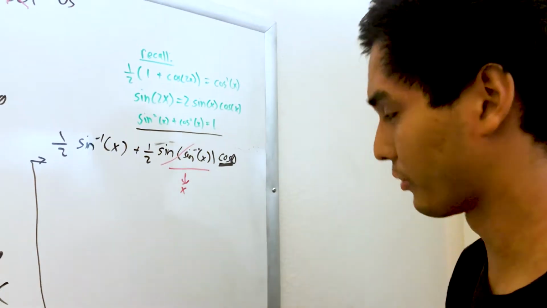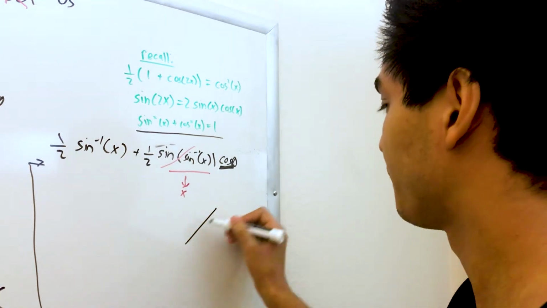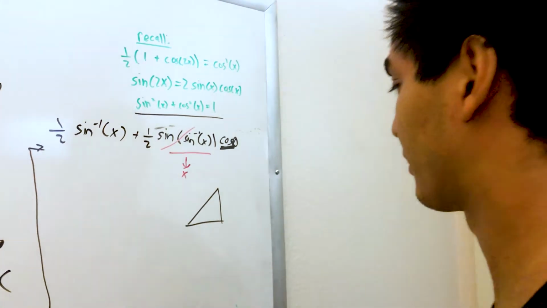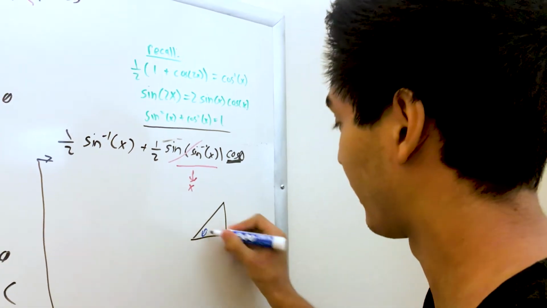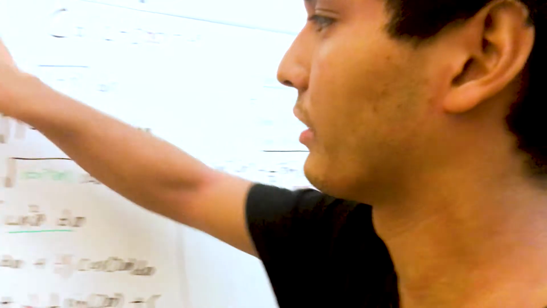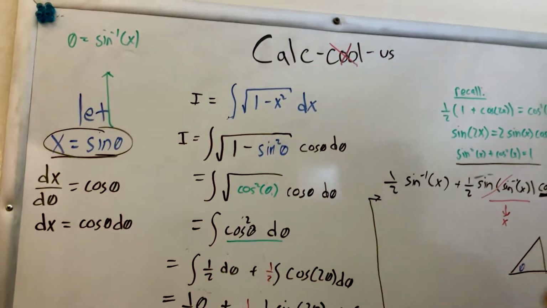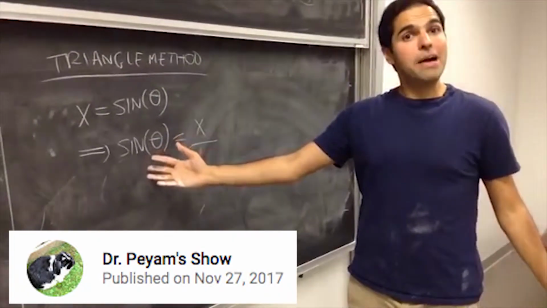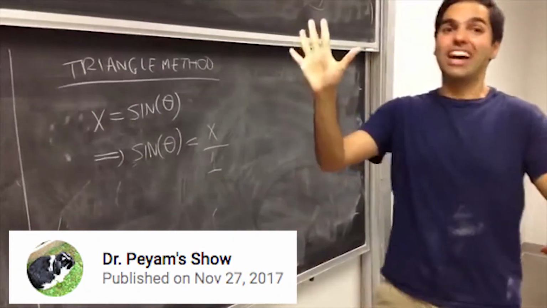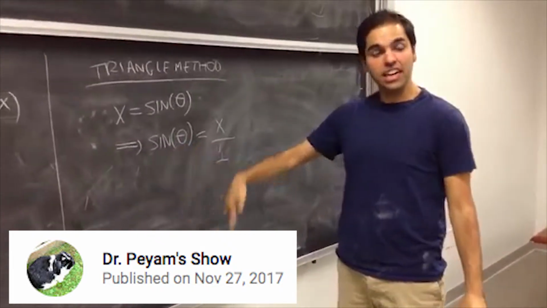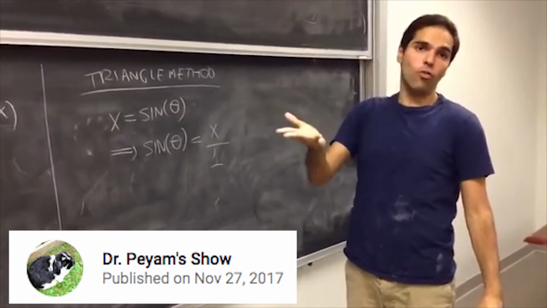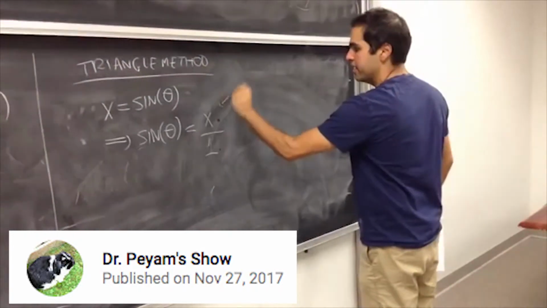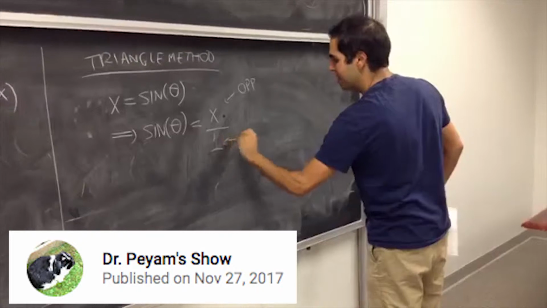So if we recall from trigonometry or geometry, if we draw a triangle, this is a theta, and we have this relation. If x equals sine of theta, it might be kind of silly to think of sine of theta as x. But remember, sine of theta is really opposite over hypotenuse. And x over 1 sounds like opposite over hypotenuse.